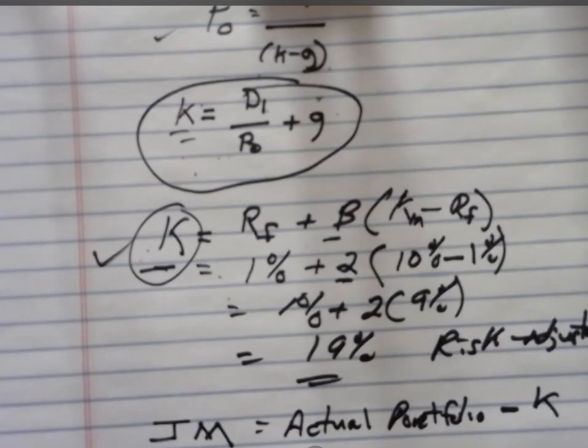Let's say our actual portfolio returned 22%, minus the risk-adjusted return here of 19%, we would come up with a positive Jensen measure of 3%.